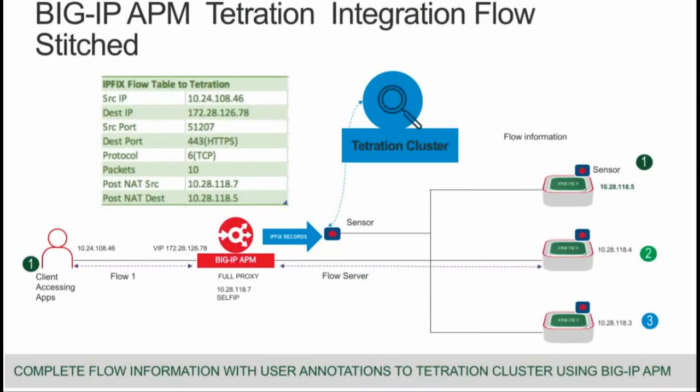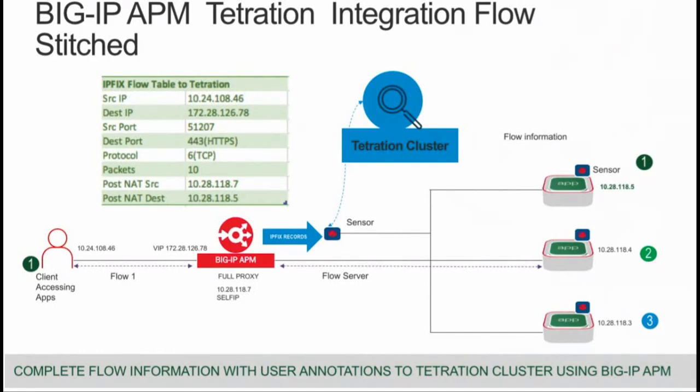Okay, so let's have a look at how the two solutions work together. In this scenario, we will have a BIG-IP sitting in front of pool members, represented by web servers, for instance. Those web servers are reverse proxied by the BIG-IP APM.